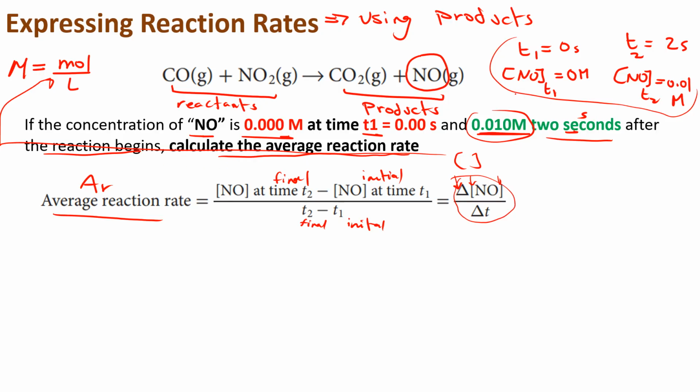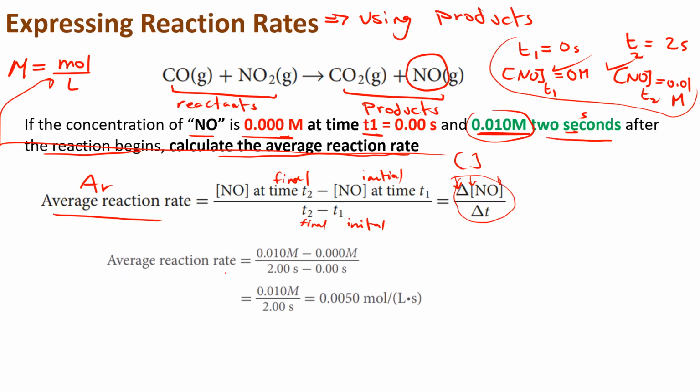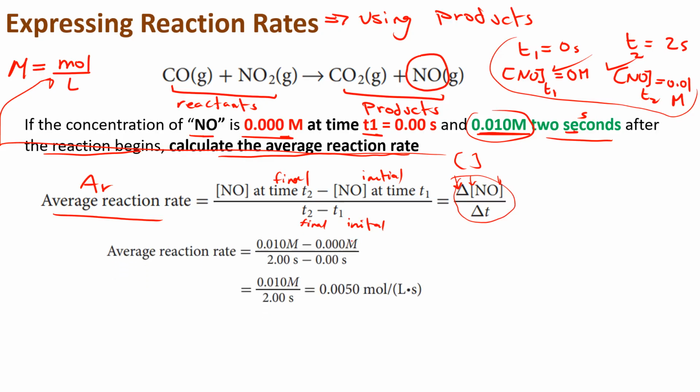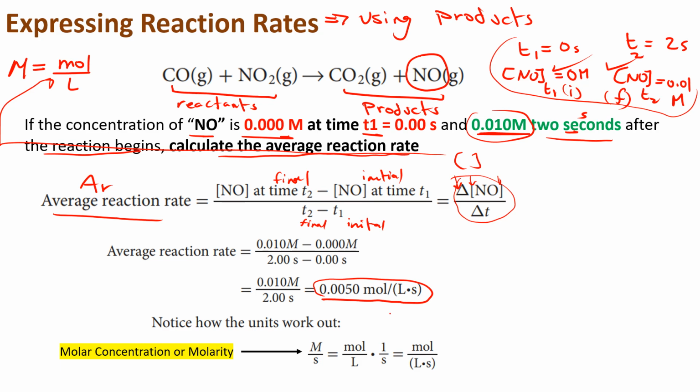So just put the numbers, guys. You already have them here, right? So it's going to be 0.01 minus 0, because this is final and this is initial, over 2 minus 0, and this is the answer. 0.005 mole per liter times second.